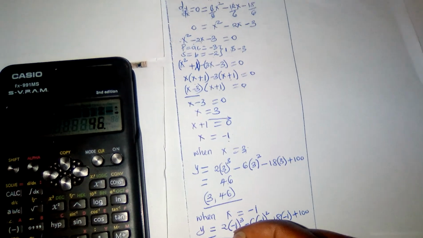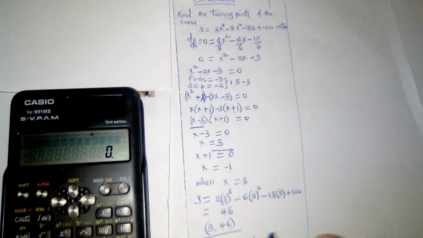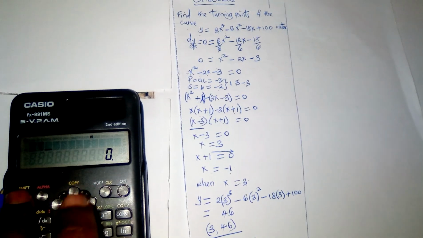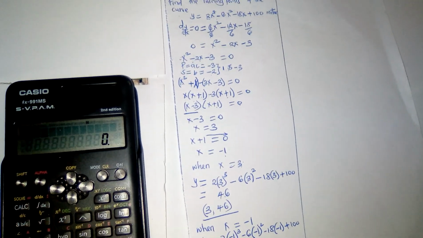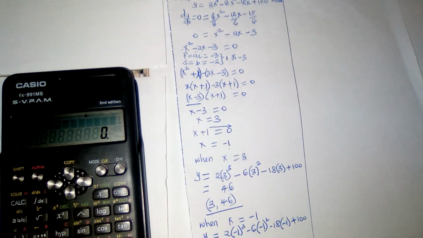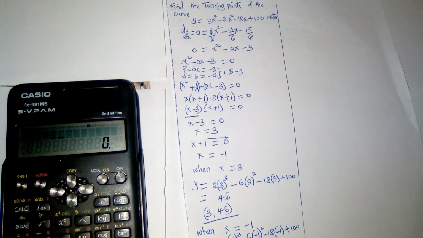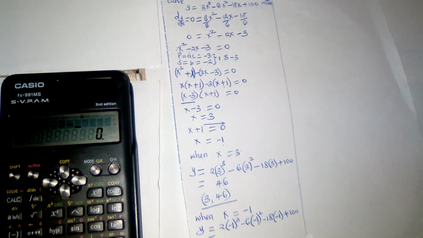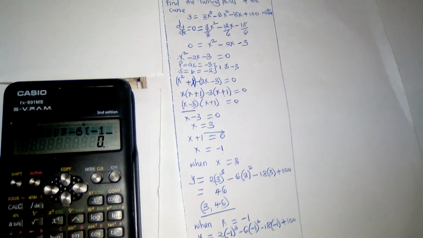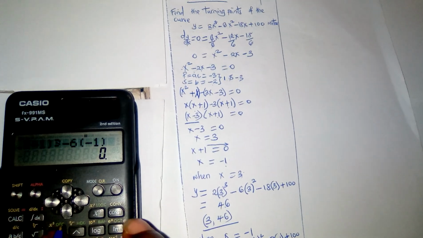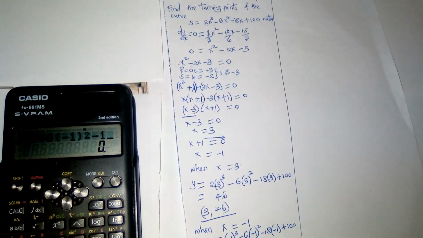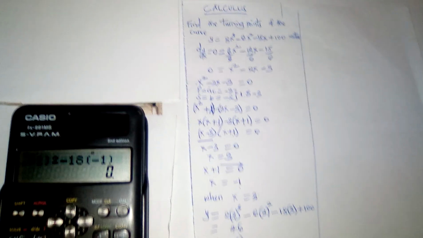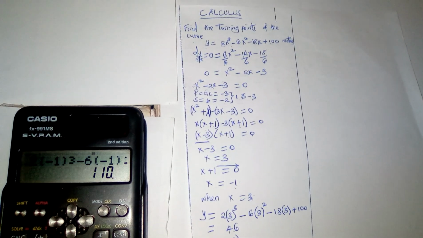Now, when I display this on the screen, I shall be having 2 into negative 1 raised to 3, minus 6 into negative 1 squared, minus 18 into negative 1, then plus 100 which was a constant.